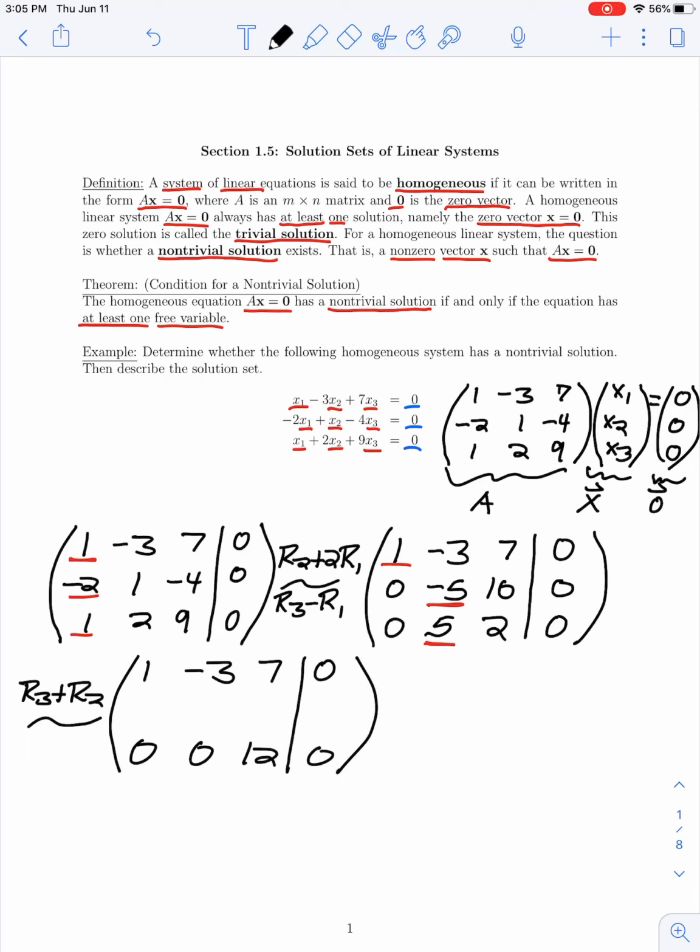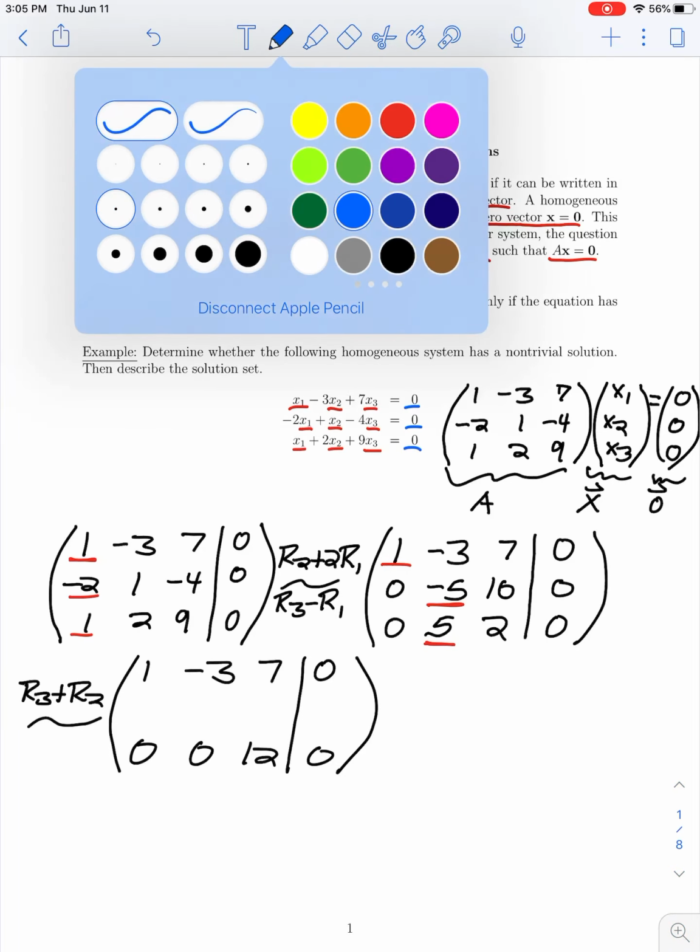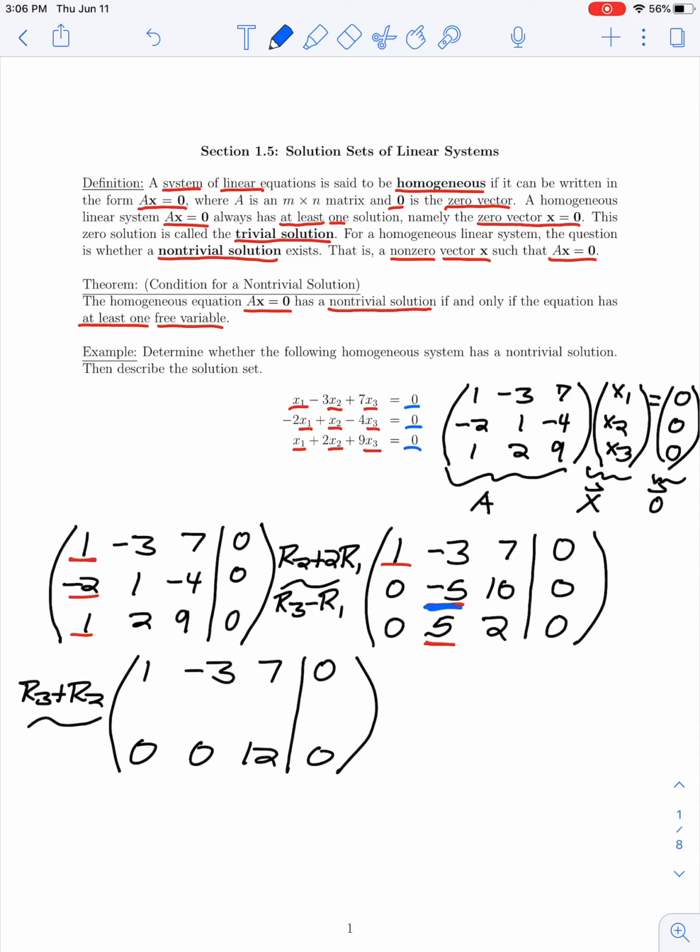Now, in this same step of my row reduction, I would like to have the lead coefficient of my second row be a +1 to try to put this in reduced row echelon form. So if we look at each of the entries in that second row, we see they're divisible by 5 or -5.